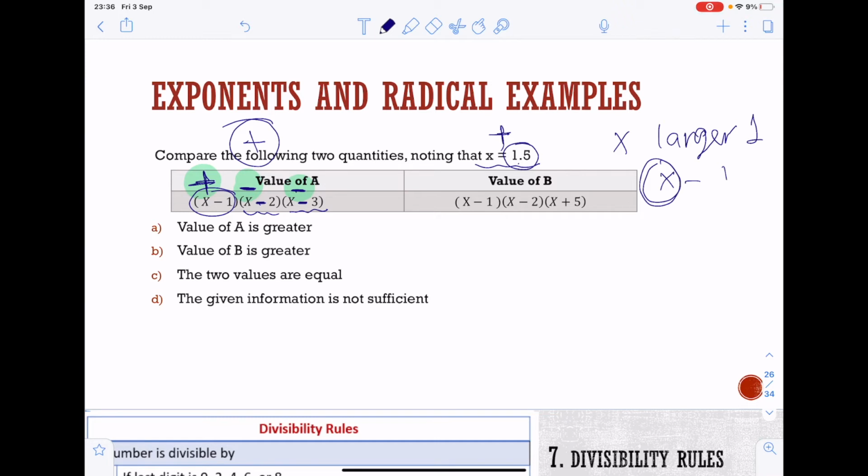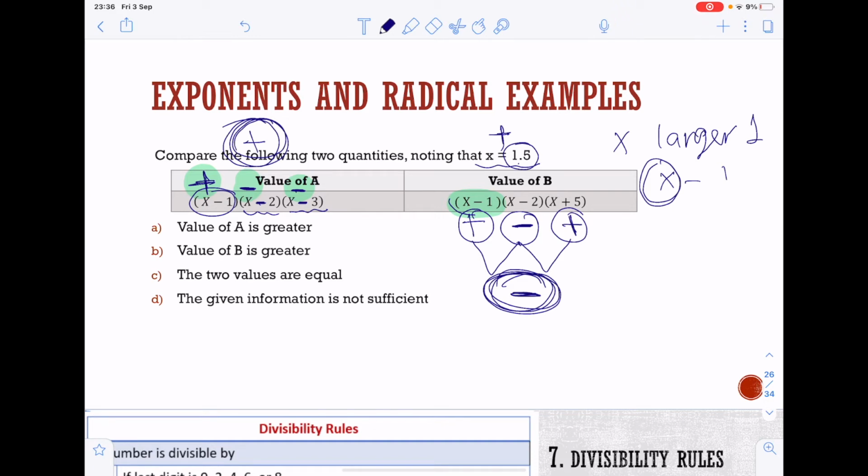Let's try this technique also in value B. 1.5 minus 1 would give me a positive value, and here a negative value because 1.5 is less than 2, and here a positive value. If we multiply those three values together, plus times minus is minus, and minus times plus would give me negative. So comparing a negative value with a positive value, of course the positive value is larger, so value A is greater.